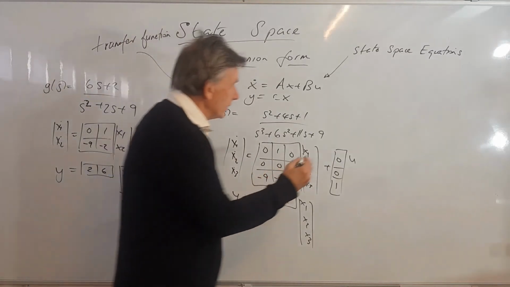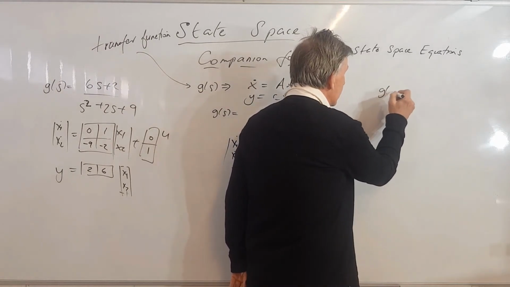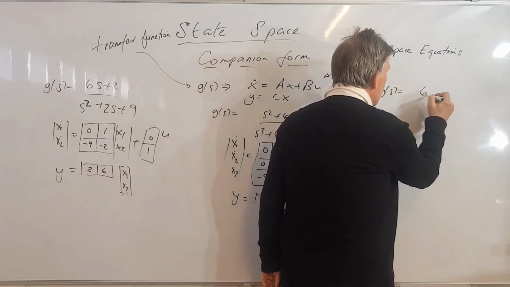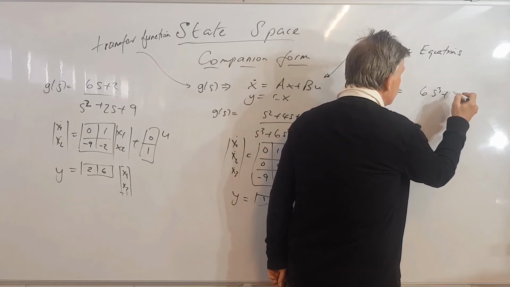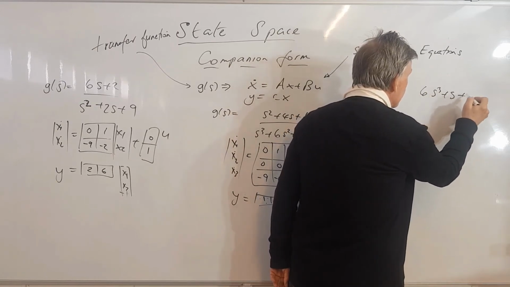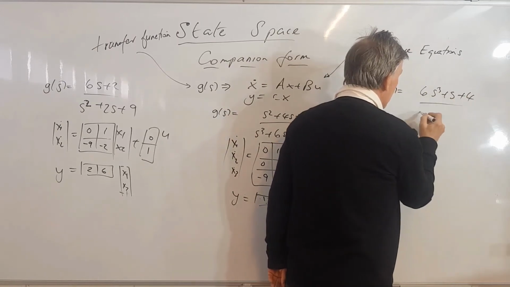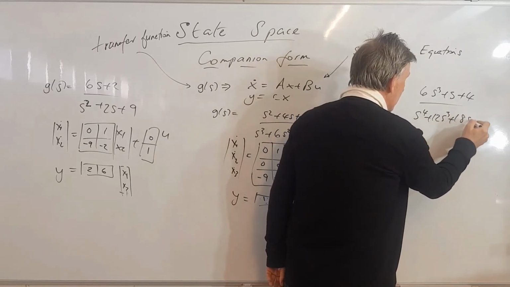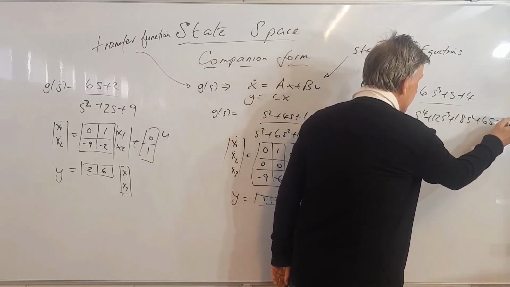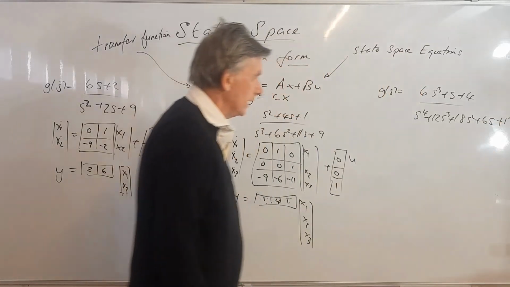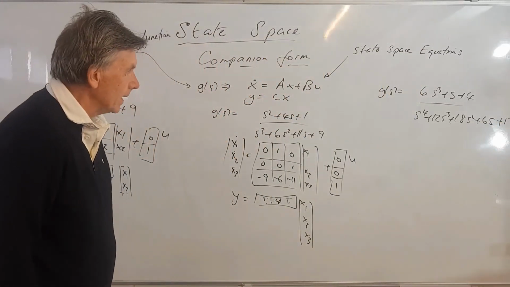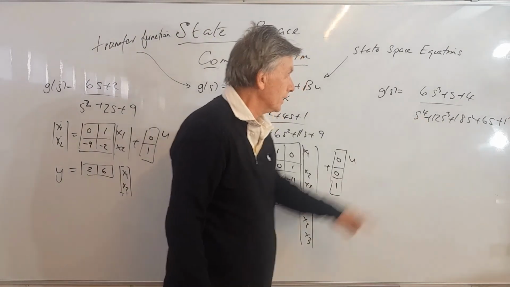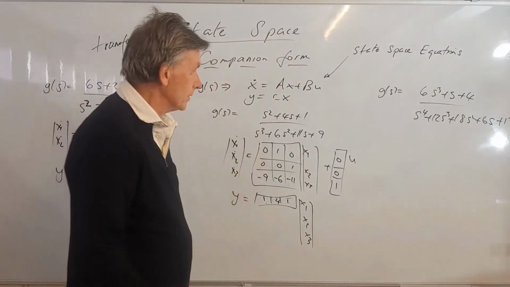Let's do one more example. Let's say G(s) is given by (6s cubed plus s plus 4) over (s to the 4th plus 12s cubed plus 18s squared plus 6s plus 17). So this time it's a 4th order system, so it's going to have a 4 by 4 state space.